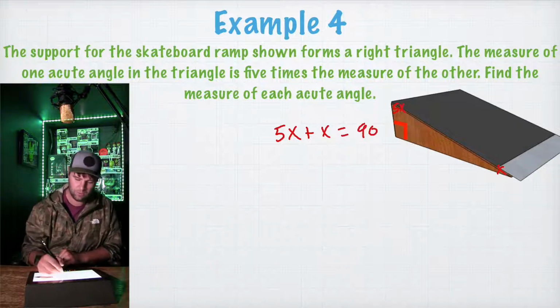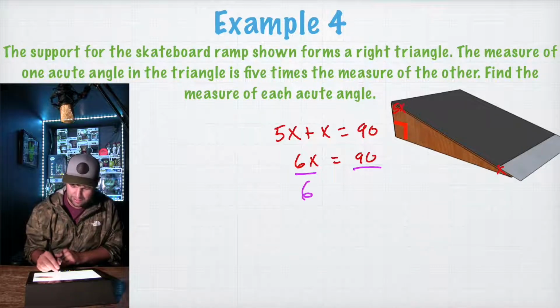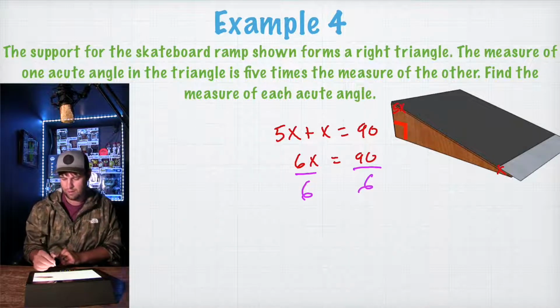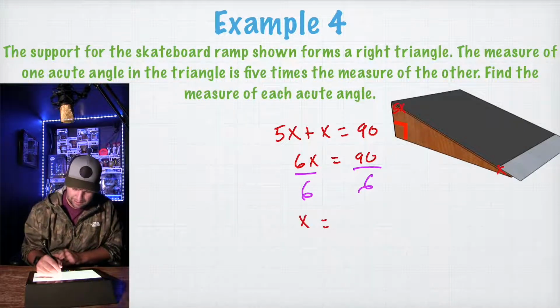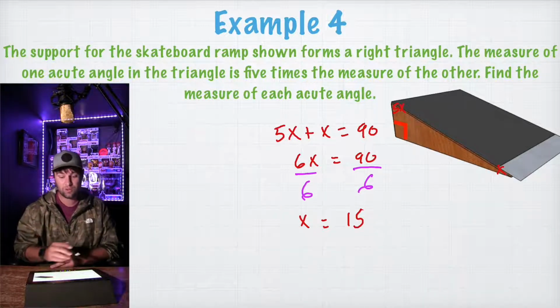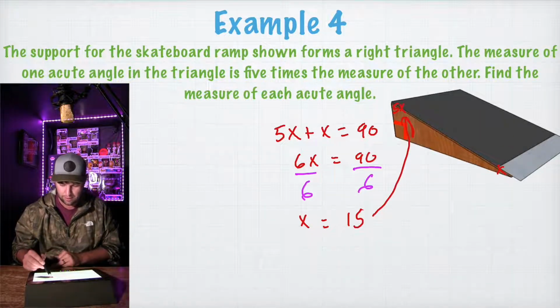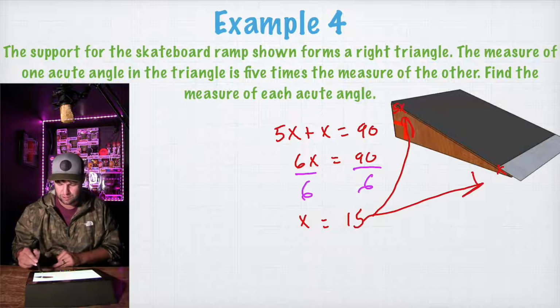Okay, so we combine our x's to be 6x equals 90. Divide each side by 6. And x is going to equal 15. Okay, so we know our x value is 15, but that is not the question. They want to know the measure of each angle. So we have to plug in our x values into each of these angles.